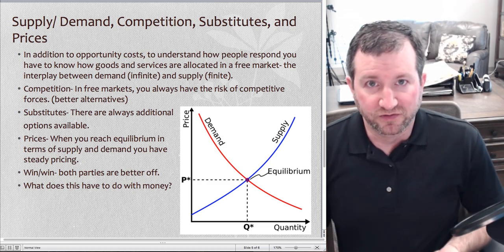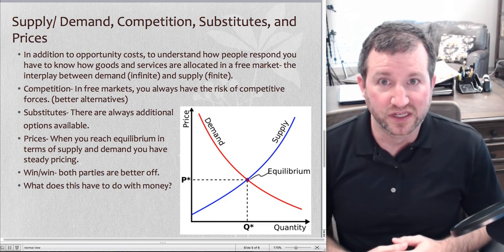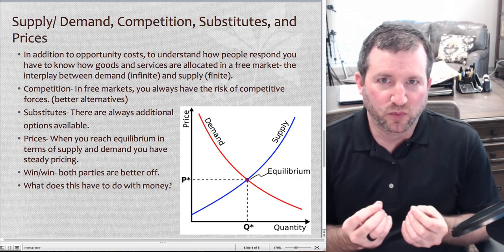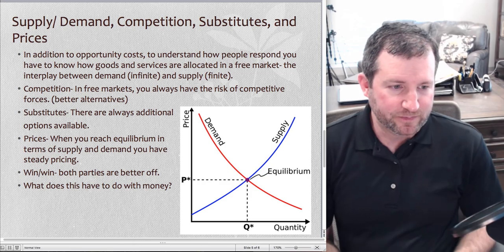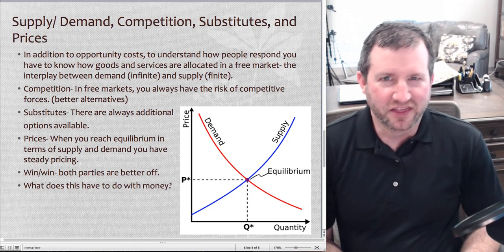It could be a video game, it could be a car, it could be a baseball card, it could be a toy, anything really. But at the point where a transaction is made, both parties are better off, okay? And so you might be asking yourself, what does this have to do with money? I thought you were going to talk about money.